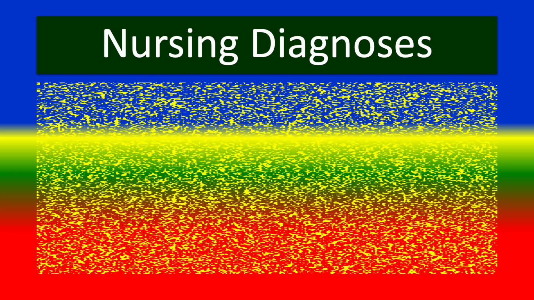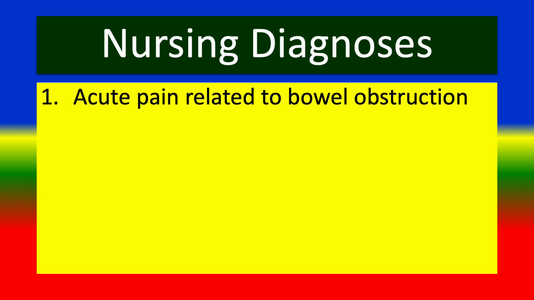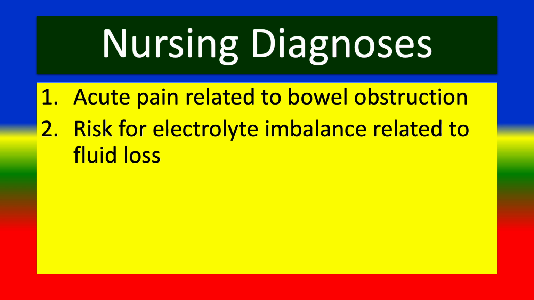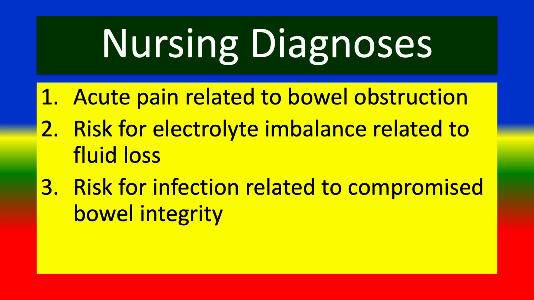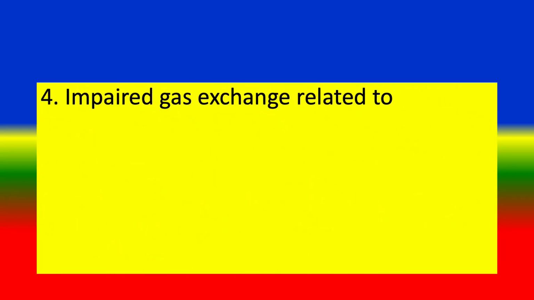Nursing diagnosis. 1. Acute pain related to bowel obstruction. 2. Risk for electrolyte imbalances related to fluid loss. 3. Risk for infection related to compromised bowel integrity. 4.